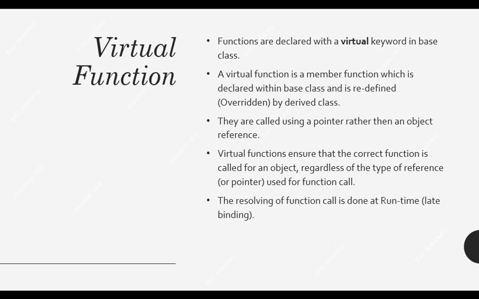So the resolving of function call will be done at the runtime, that is known as late binding, and this is how we are going to achieve runtime polymorphism, which means by just viewing the code at compile time we are not able to identify which particular function will be called at runtime because the function is called using a pointer.